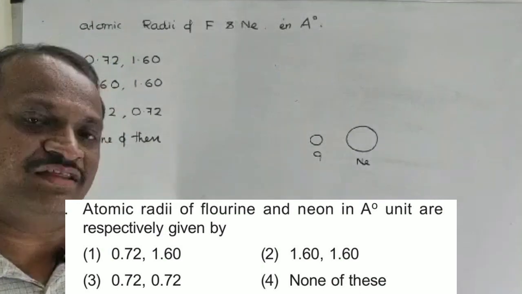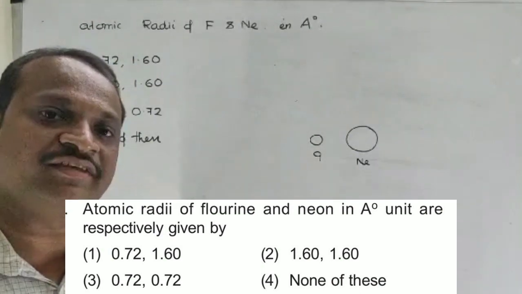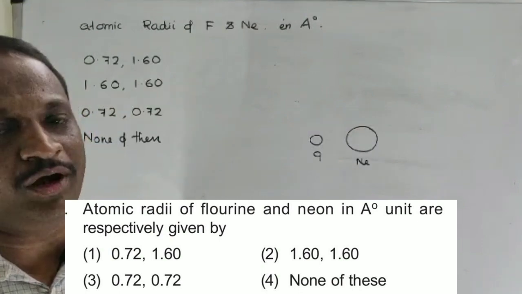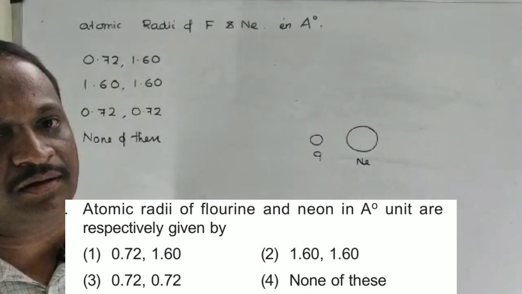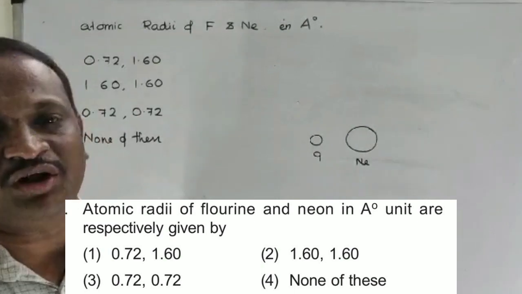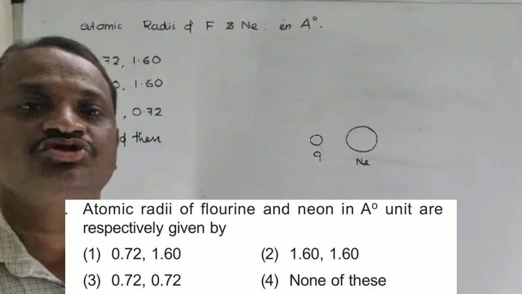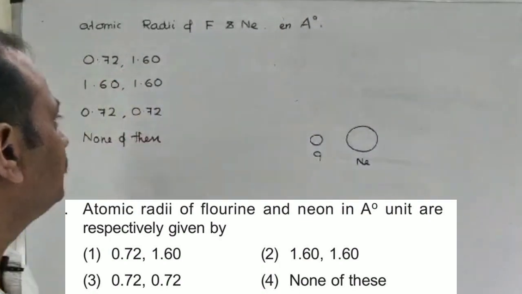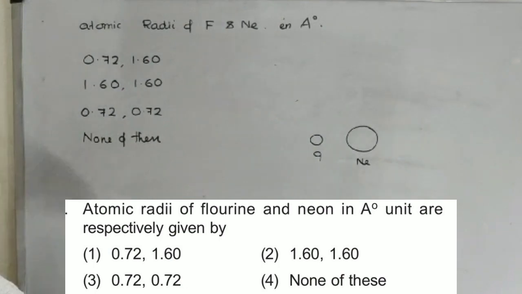But fluorine is not like that. Fluorine's covalent radius or ionic radius can be calculated. So here fluorine's radius is expressed in either covalent or ionic, but in case of neon it's in van der Waals. So whose size will be bigger? No doubt, neon's size will be bigger. This cannot be your answer.